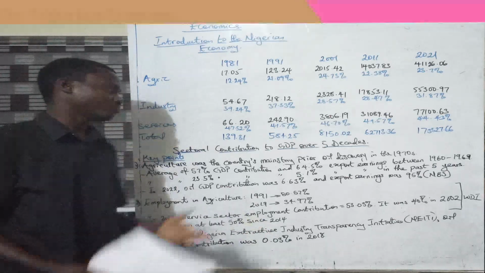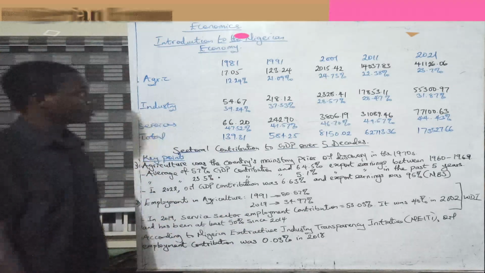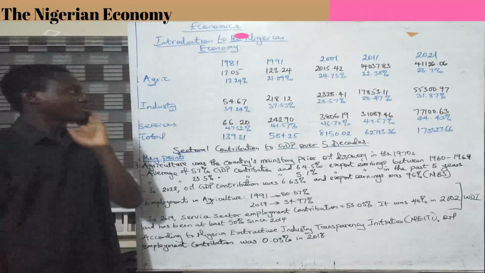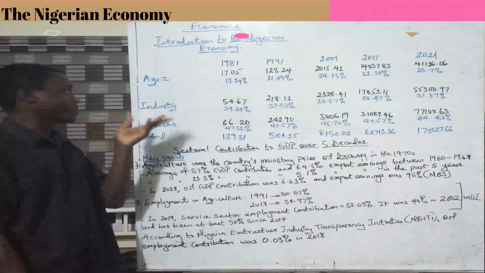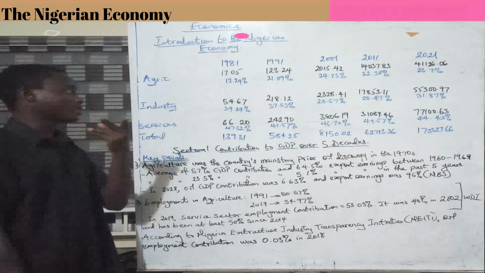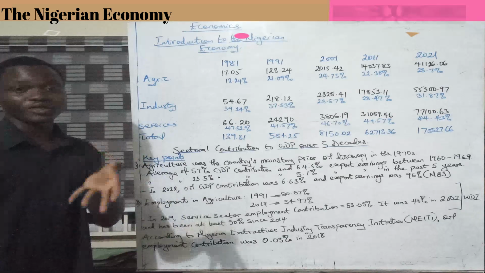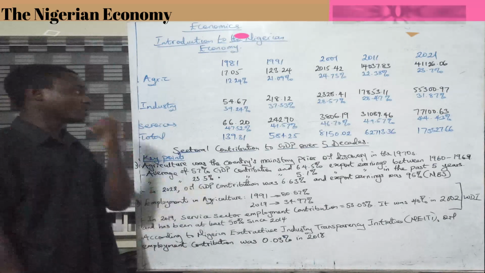Now let's start. We have the three sectors, like I mentioned in the last class. I've not included the subsectors, but basically agriculture has four subsectors: crop farming, livestock, fishery, and forestry.